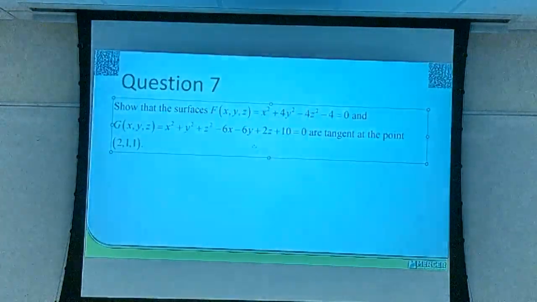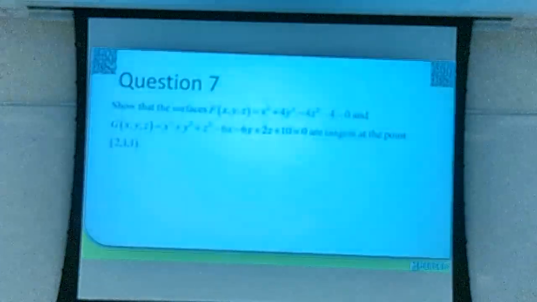Well, if the surfaces are tangent at that point, then their tangent planes would have to be parallel at the point.